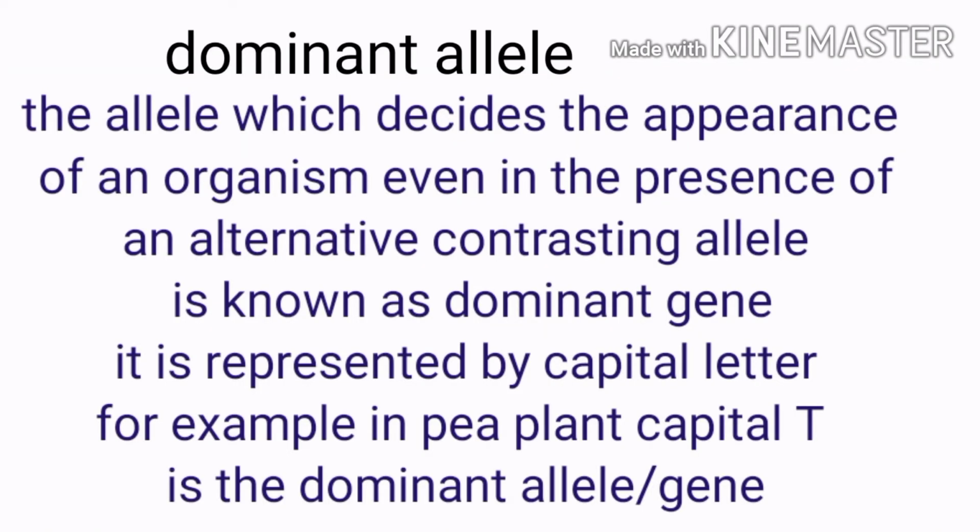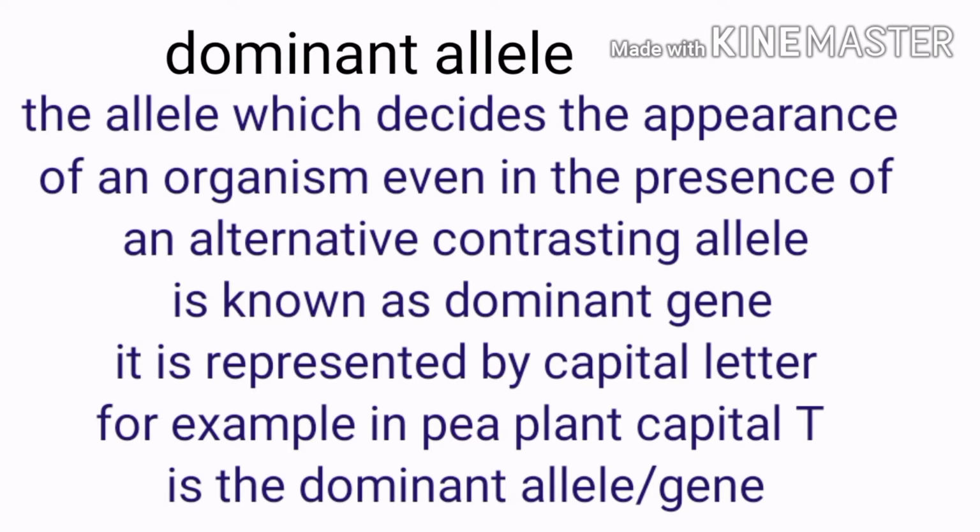So let us define dominant allele. The allele which decides the appearance of an organism even in the presence of an alternative contrasting allele is known as the dominant gene. It is represented by the capital letter.